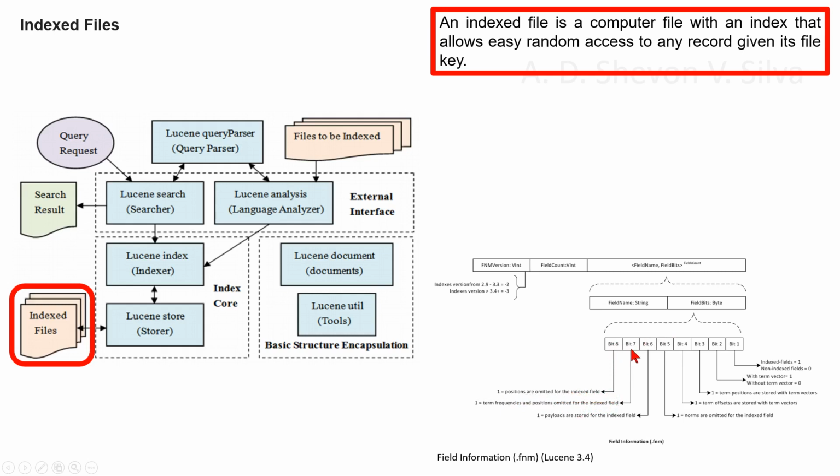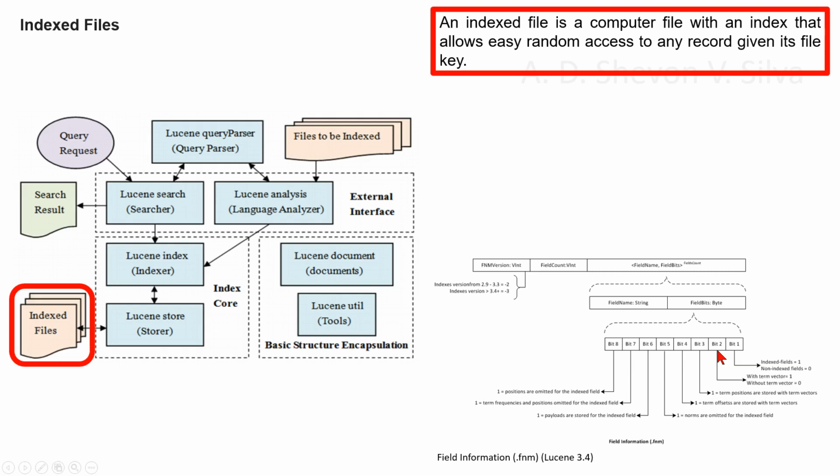Bit 7, 1 equals term frequencies and positions are omitted for the indexed field. Bit 6, 1 equals payloads are stored for the indexed field. Bit 5, 1 equals norms are omitted for the indexed field. Bit 4, 1 equals term offsets are stored with the term vectors. Bit 3, 1 equals term positions are stored with the term vectors.